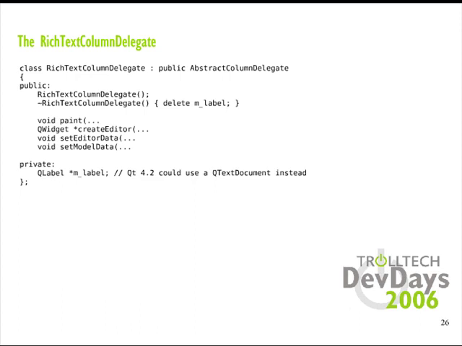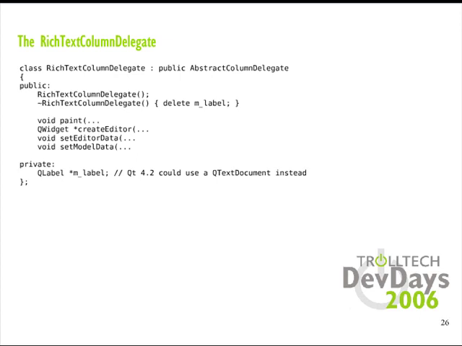And the one I've chosen is the RichTextColumnDelegate, mainly because that's prettiest, because you can have colors and fonts and things like that. And also because it actually shows some interesting things that do not apply to any other delegate. And that's why I thought this was an especially interesting one.